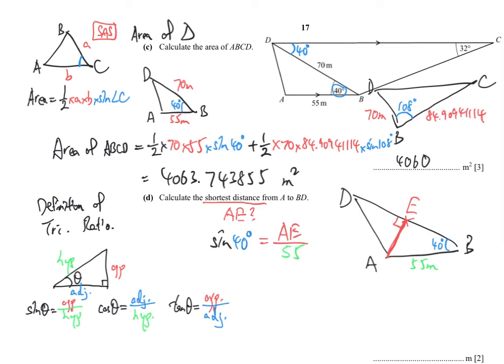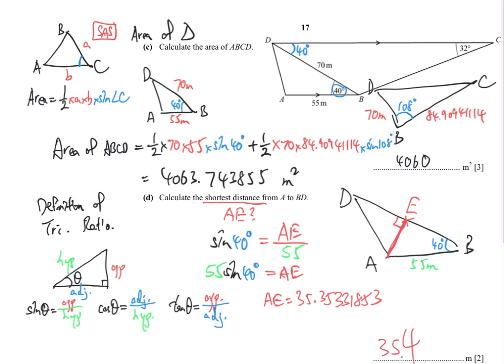You want to calculate AE, so I will move the 55 to the left. So it will be 55 times sine 40 degrees equals AE. Then you just use your calculator, and you will get that AE should be something like this. Alright, so with three significant figures, you will have 35.4 meters. That's it. The end.